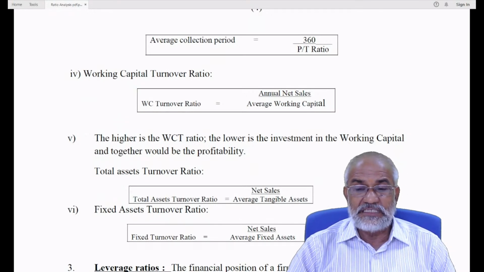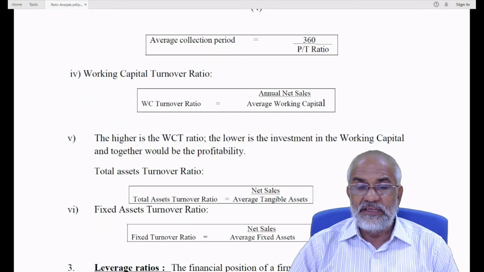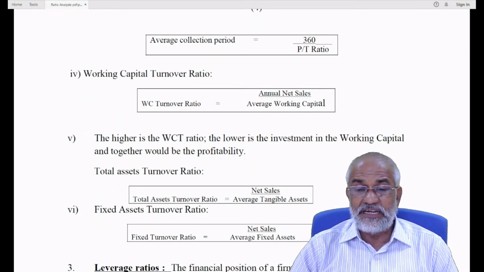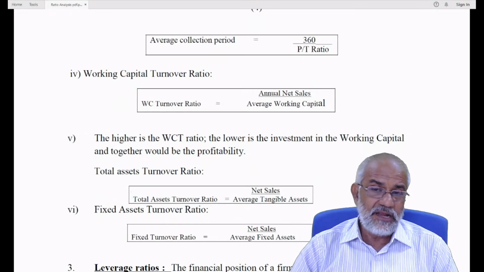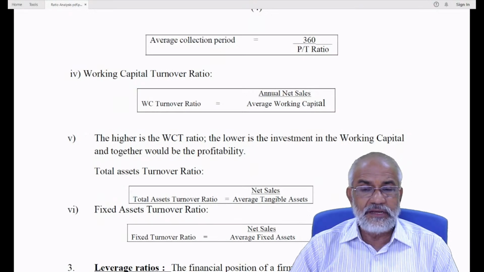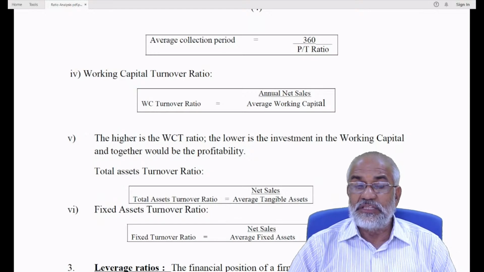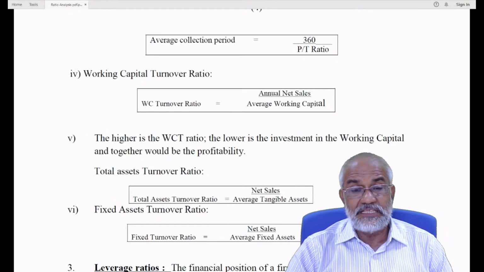Only the tangible assets have to be considered, and the net sales divided by the average tangible assets. Average tangible assets means the tangible assets at the beginning of the year plus tangible assets at the end of the year, whole divided by two. And when the net sales is divided by the average tangible assets, that would be the total asset turnover ratio.